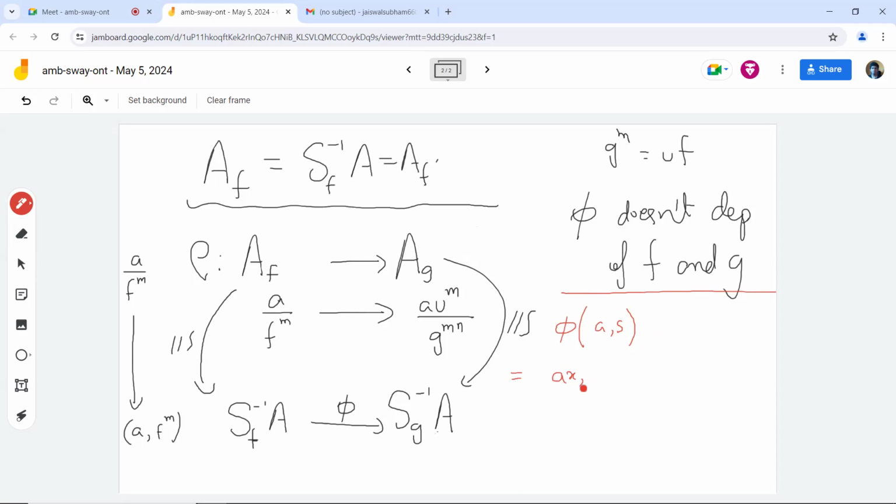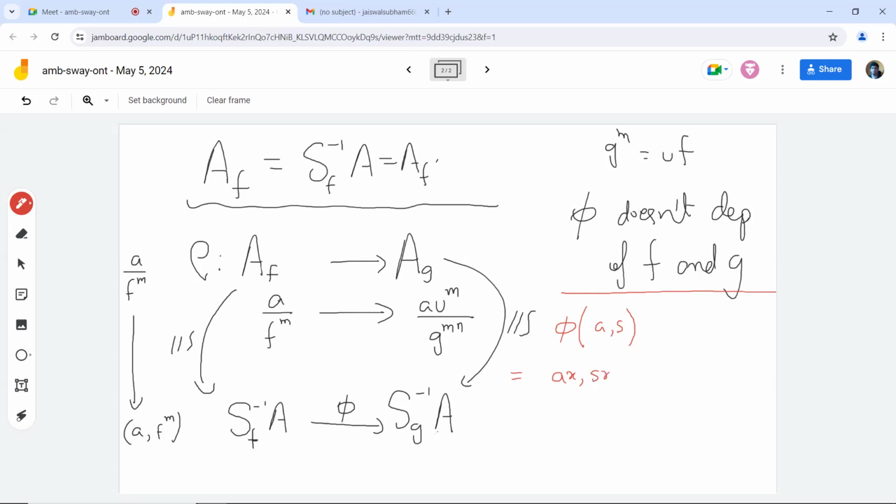Yeah, it comes down to that same calculation which you were saying, that we have to show that they are equivalent. It's the same thing. You have to just check it. So this s, you can multiply, divide by something so that it will be a factor of some power of f.